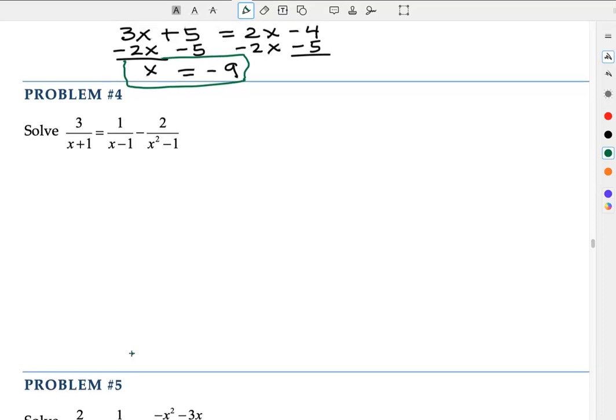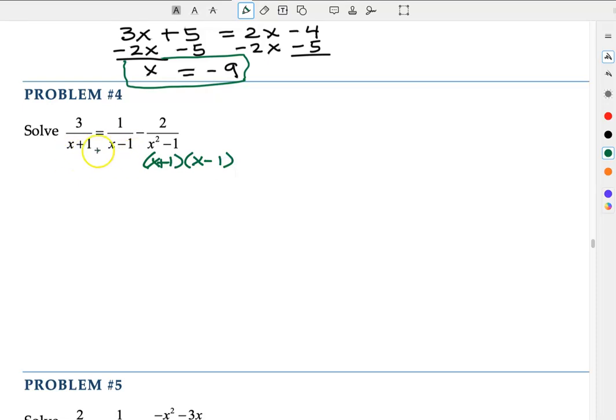So is there anything here that can be factored? Well, this last one right here, a lot of times people mess up that factorization of this x squared minus 1. But that is a difference of squares. So we want to make sure that we see that, and this factors to be x plus 1 times x minus 1.